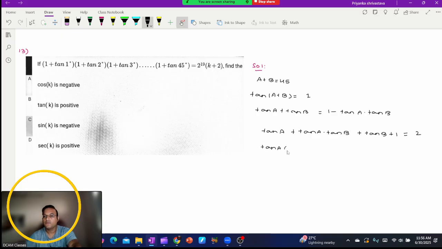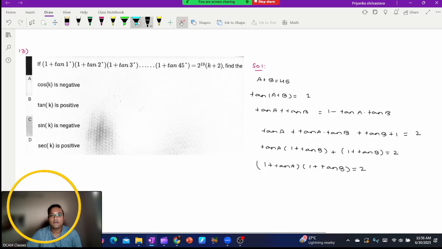Tan a into 1 plus tan b plus 1 plus tan b is there, is equal to 2. So 1 plus tan a into 1 plus tan b is equal to 2, I'm getting. This interesting result I'll use for my next steps.